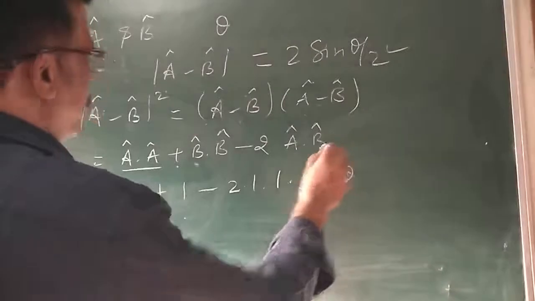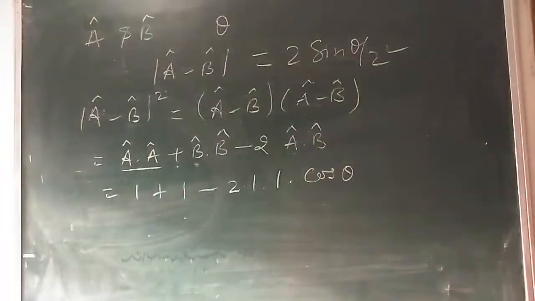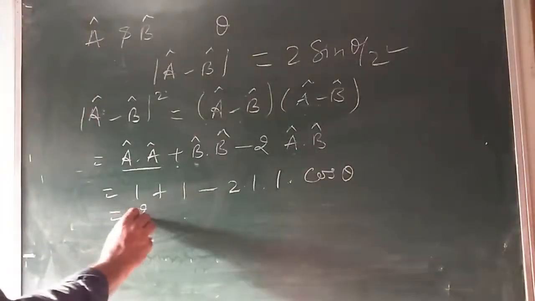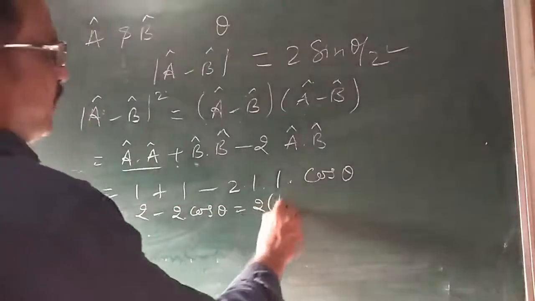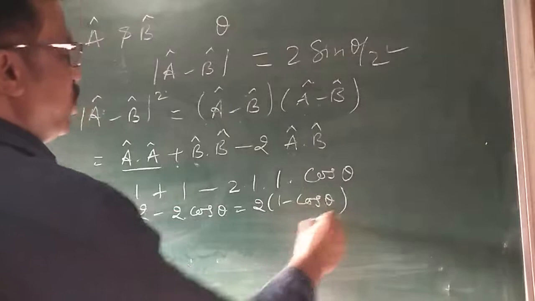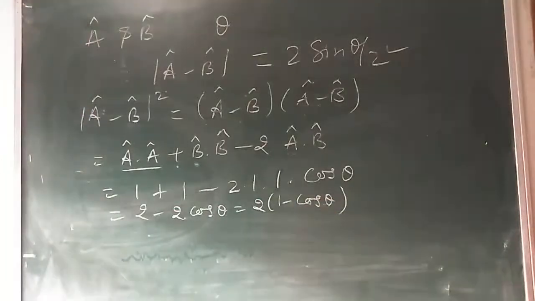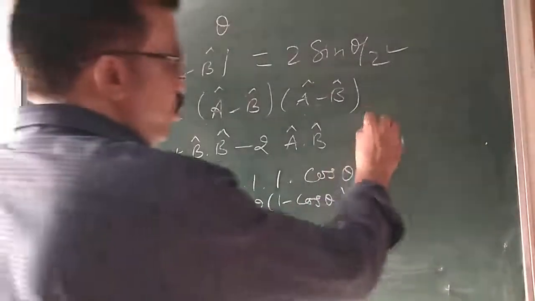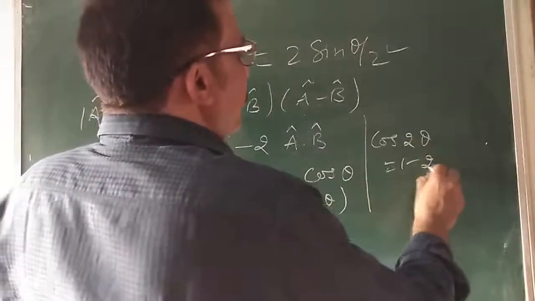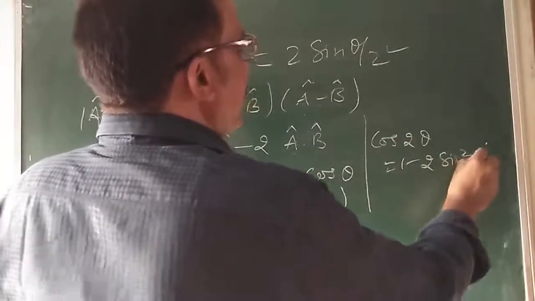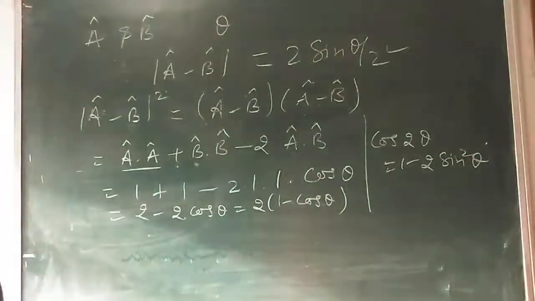Here, the dot product of two vectors. So what is that? 2 minus 2 cos theta, that is 2 taken common, that is 2 into 1 minus cos theta. One formula you know very well. Cos 2 theta is equal to 1 minus 2 sin square theta.